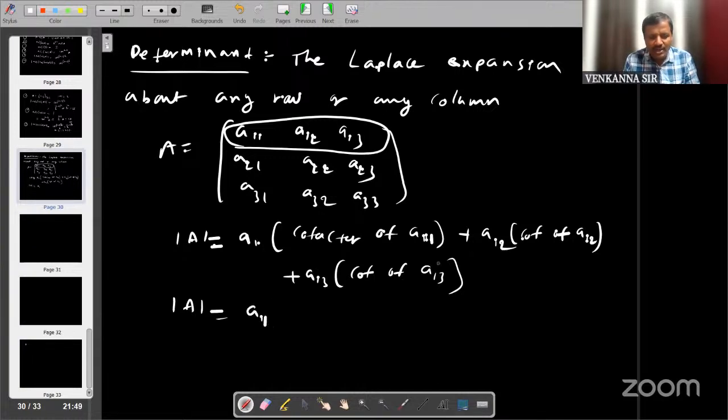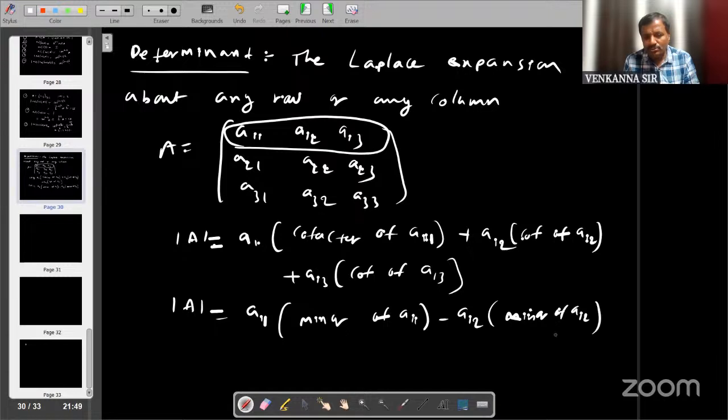You get the negative sign if you write it in terms of minors: A11 into minor of A11 minus A12 into minor of A12 plus A13 into minor of A13. In terms of minors, you will find plus, minus, plus signs. If it is cofactors, all are positive.